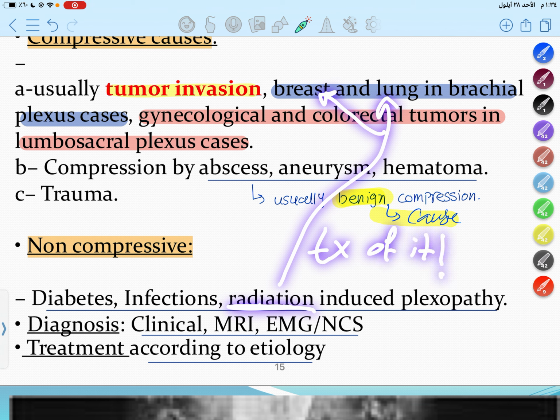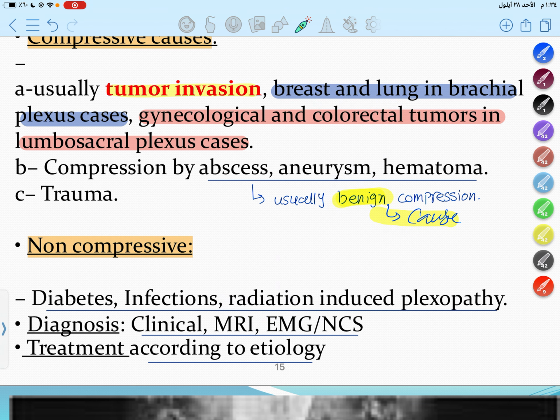That radiation, by itself, could affect the plexus and cause radiation plexopathy. How do we diagnose it? Clinically, and we do the MRI, the EMG and nerve conduction studies, and the treatment is according to the pathology.